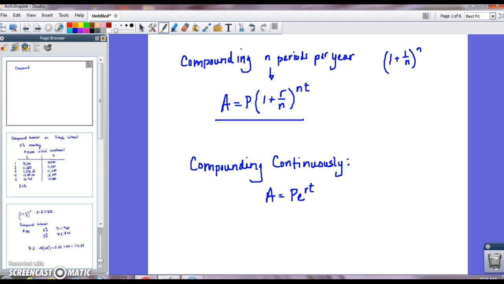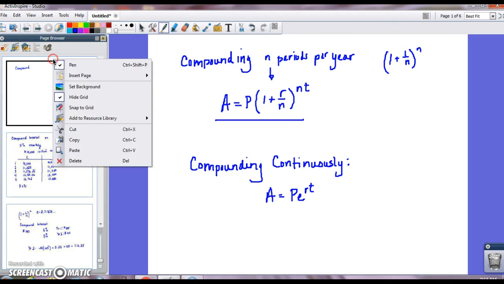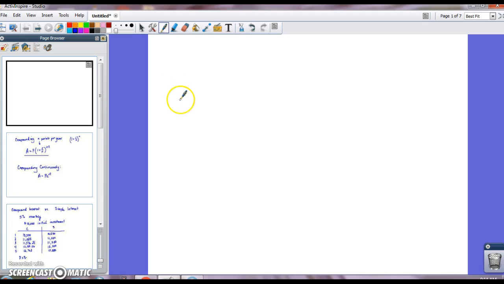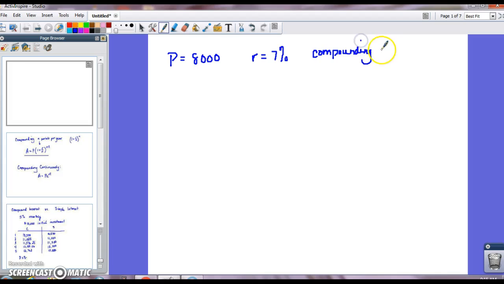There's an example. Let me show you an example of the difference between the two ways of compounding. So let's say that we're starting out with $8,000 and our interest rate is 7%, and we are compounding monthly.